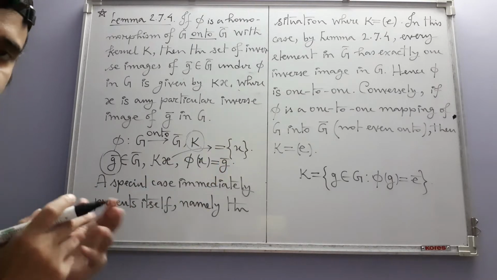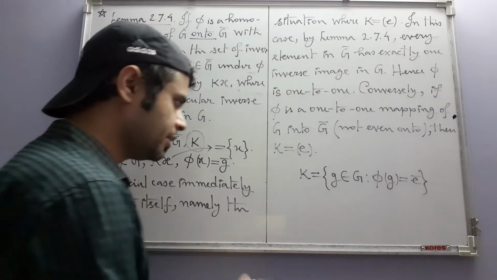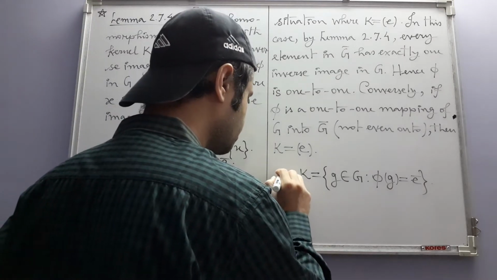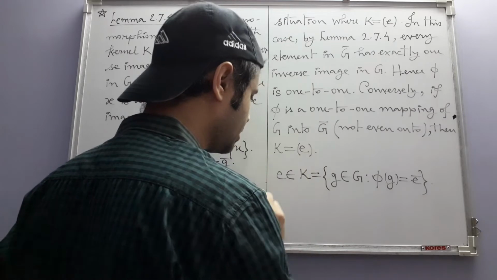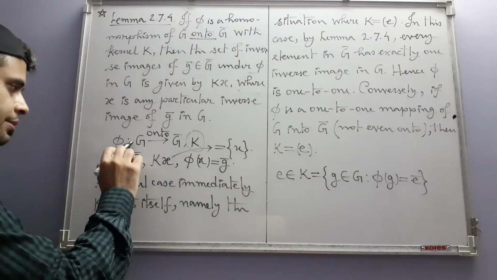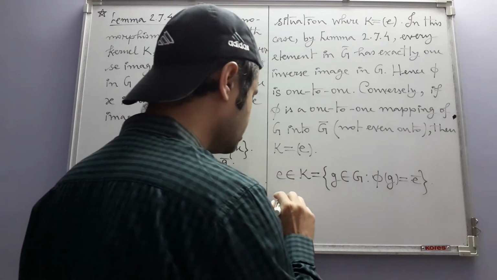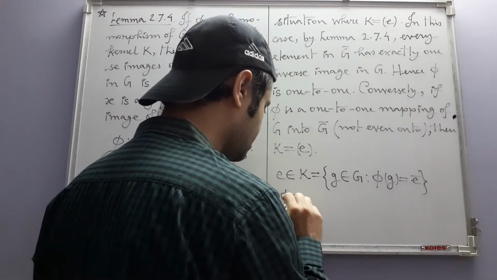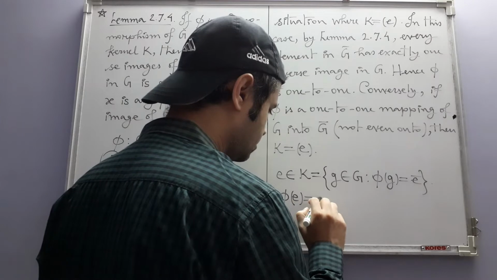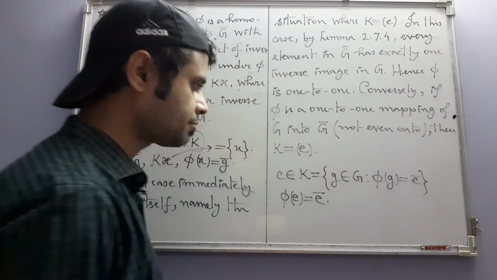Before we started the proof, at the very beginning, we proved that the kernel is non-empty and in fact it has the identity element of the domain group, which means that phi of E is equal to E bar.